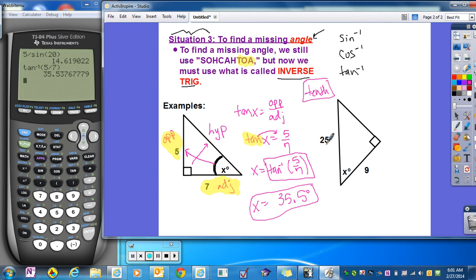All right, let's take a look at another example. All right, again, in this example, I'm giving you this angle x. All right, so first we're going to identify the hypotenuse. Across from the right angle is your hypotenuse. Using this angle x over here is the opposite side, which leaves this 9 to be the adjacent side. So when you look at the information that I gave you, this 9, which is the adjacent, and this 25, which is the hypotenuse.